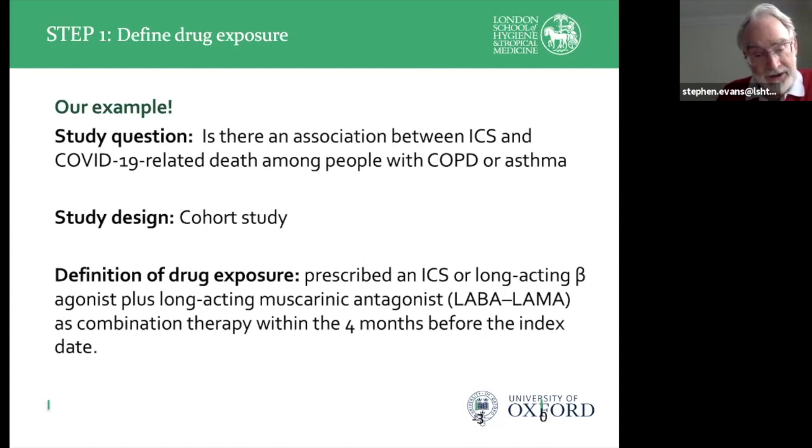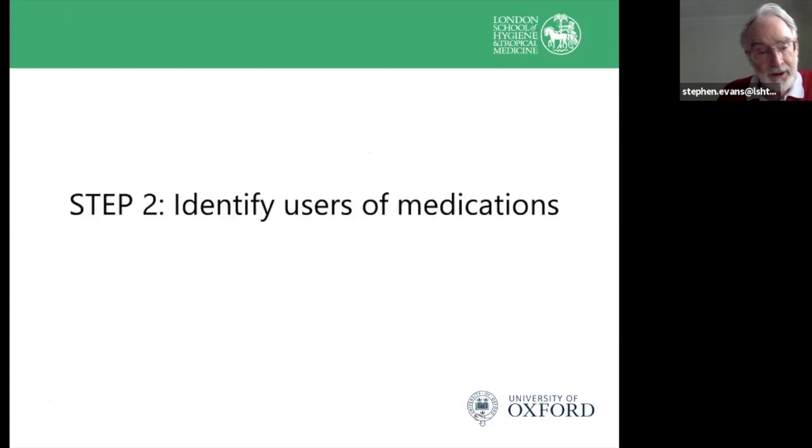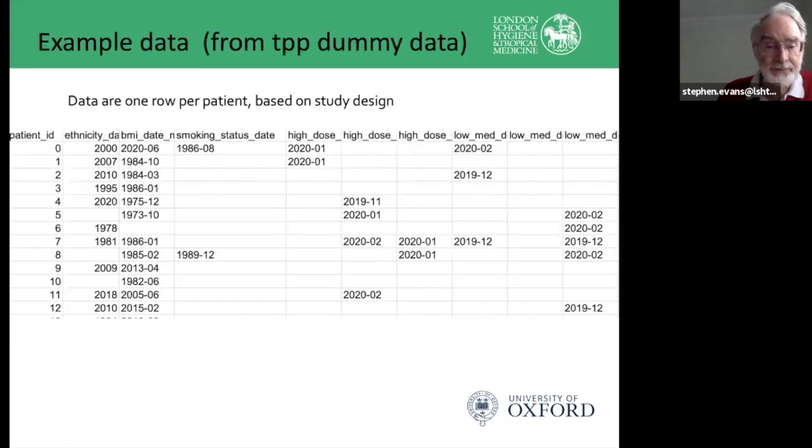And because we're dealing with GP records, we have that going back in time. And so we are interested in a potential protective effect of these drugs in the 4 months before we begin the follow-up. So having defined the drug, we need to identify the users.